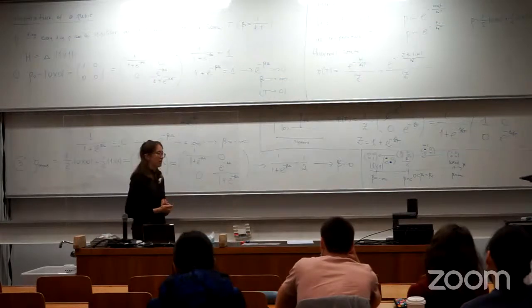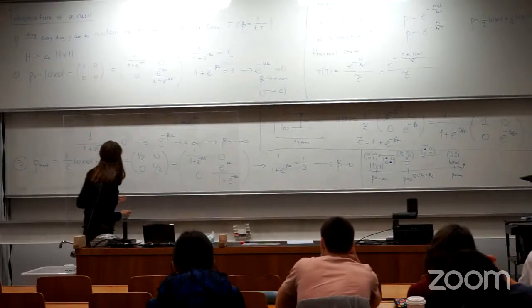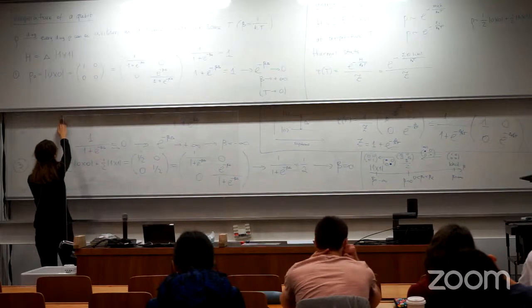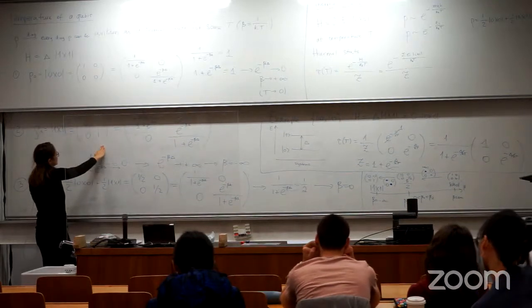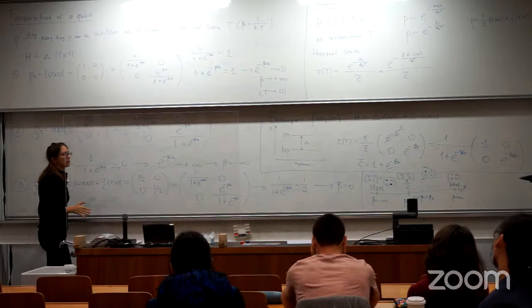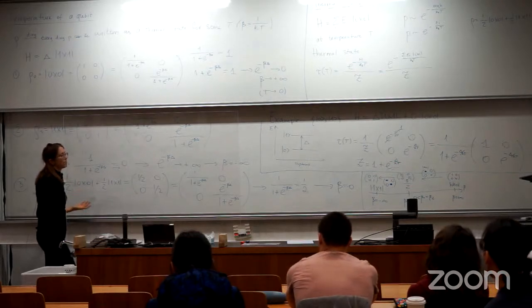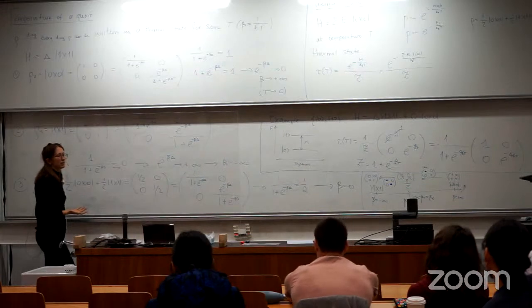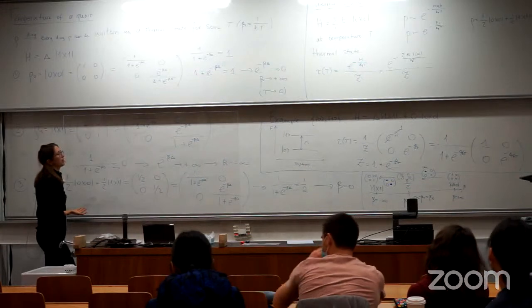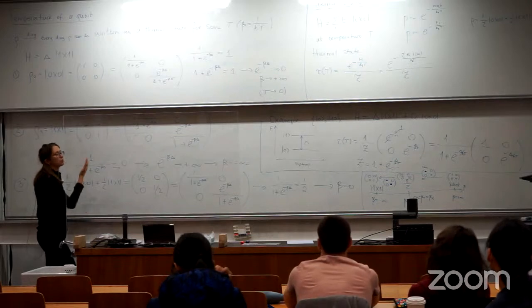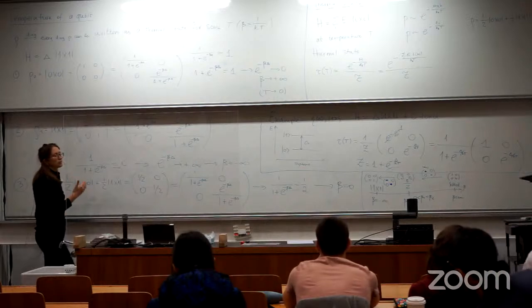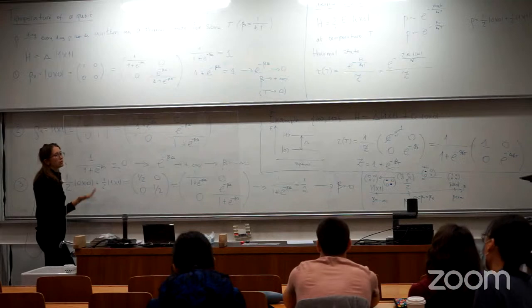In this case, for example, for this 1-1 state, we have an unusual situation that all of the population of the system is on the excited state, which in classical systems does not happen. However, since we have introduced this parameter, which we call the temperature of the qubit, we can extend it mathematically beyond just being from 0 to plus infinity, but also going into the minus infinity scale.